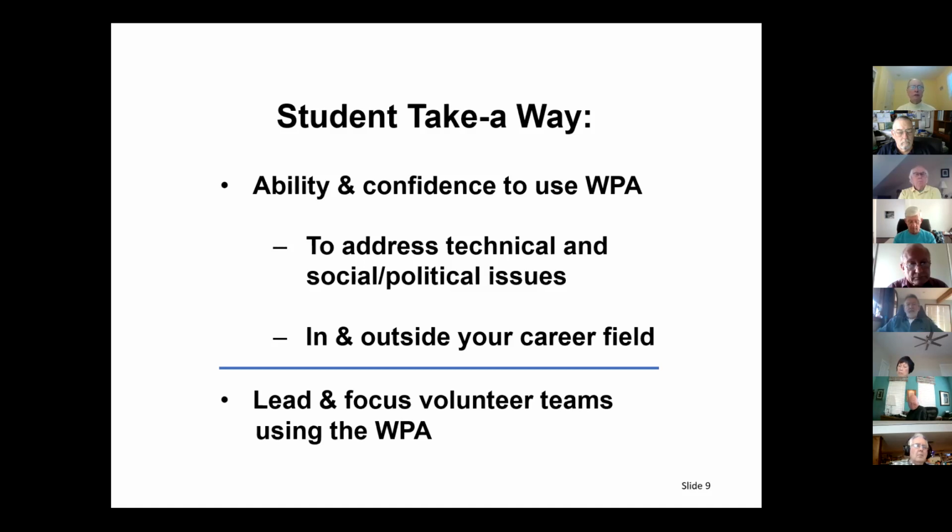As long as you're willing to learn, most anybody can apply this approach to a very diverse group of problems. Essentially, the skills to lead and focus volunteers to use this approach. We'll do our best to impart those skills to you, and we appreciate your signing up to give it a try.